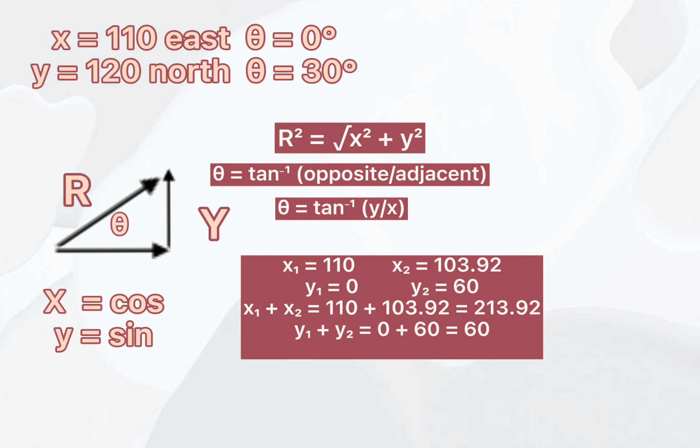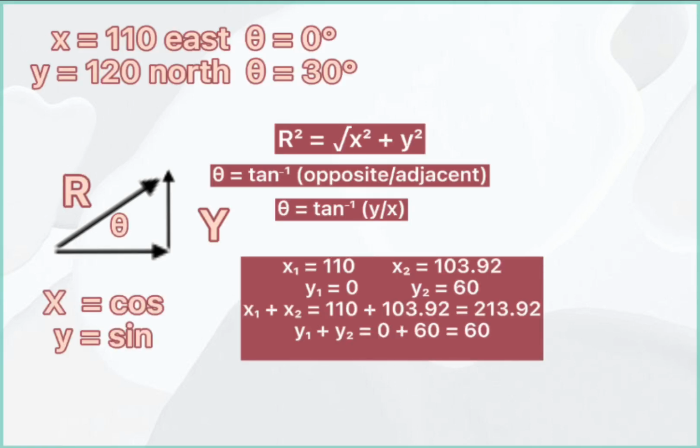And for the last example, the given are R1 equal to 110 with theta 0 degrees, and R2 equal to 120 north with theta 30 degrees. To solve this, let's first find x sub 1, x sub 2, y sub 1, and y sub 2.